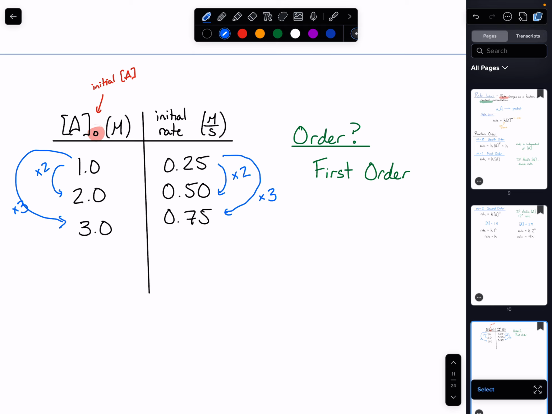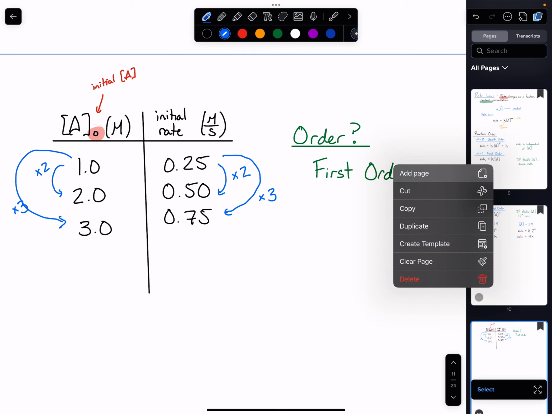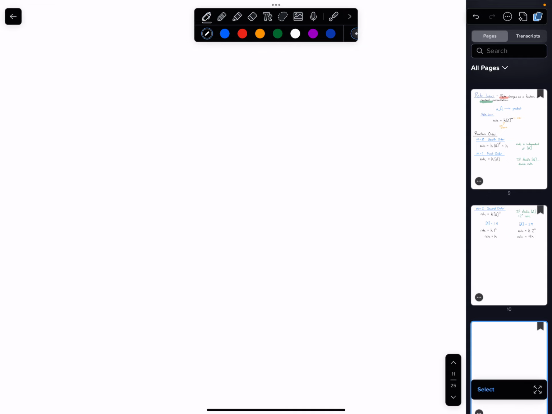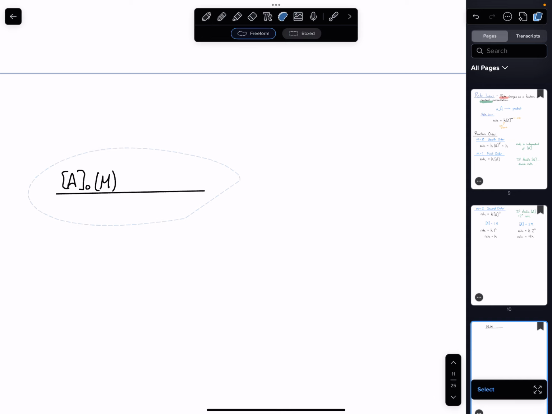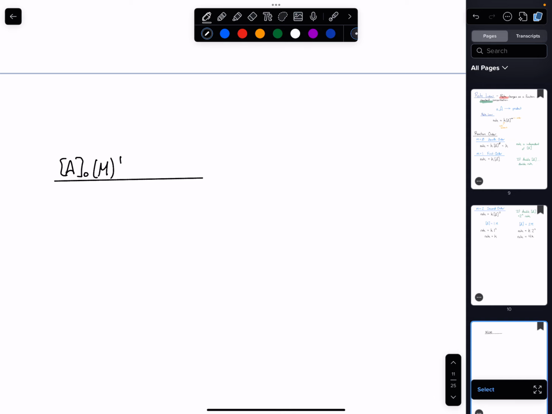Cool. So that's all well and good when we have a data set that has relatively easy to look at numbers. But what do we do when we get a big, ugly data set? All right, so let's look at another one here. We're going to do the same thing, the concentration of A initially versus that initial rate.